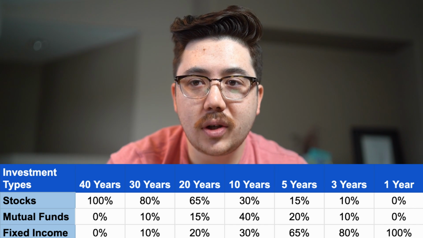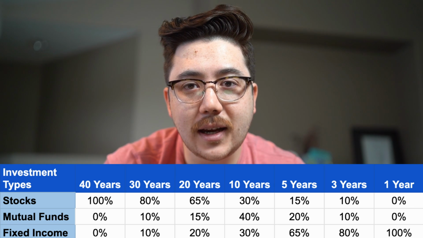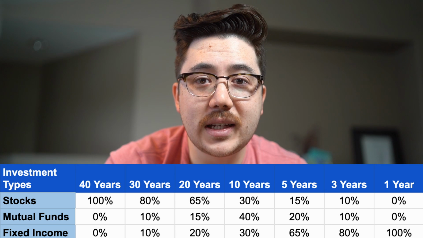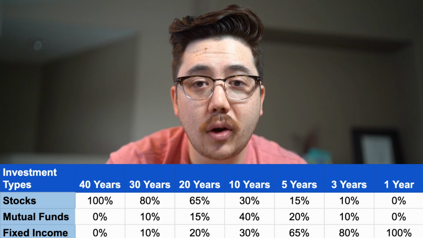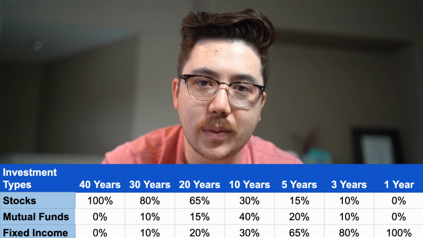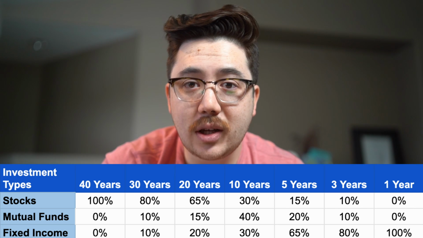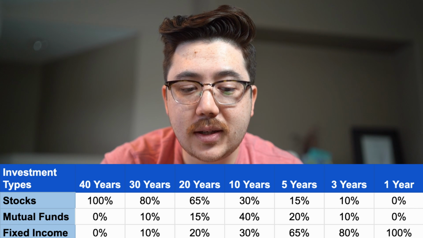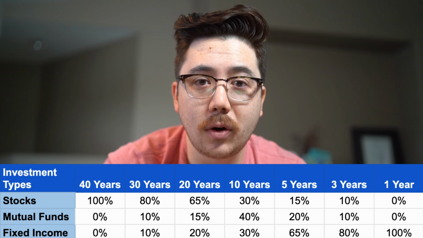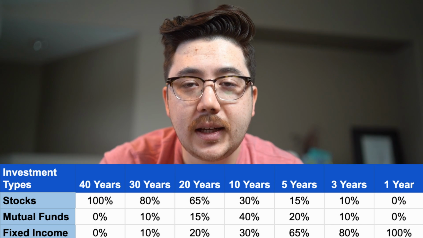As you get closer to retirement, or to whatever that date is for your investment objective, you're going to start shifting your portfolio to de-risk it. The closer you get, the more stable you want the investments in your portfolio to be. You can see here, 30 years from retirement, you maybe start shifting a little bit out of equities, more into some mutual funds that are less equity based, or even into some fixed income things like bonds.